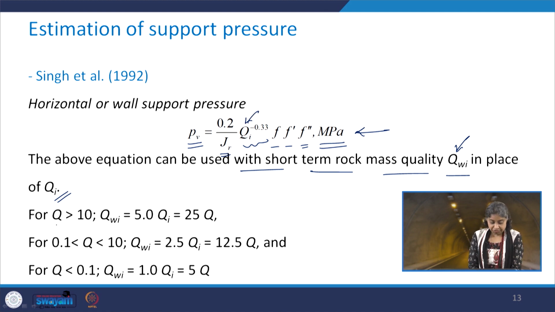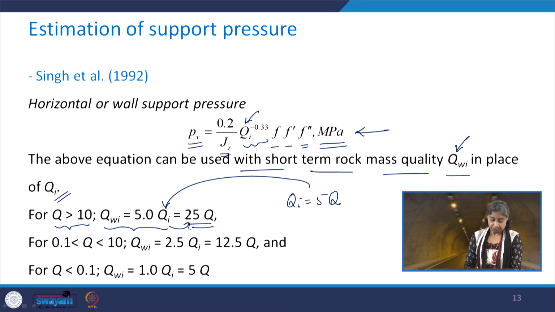So in case you have Q greater than 10, then this QWI is given as 5 times QI, or in terms of Q, you can have 25 times Q. You remember that QI was 5 times Q. So just substitute it here and you will get this expression.